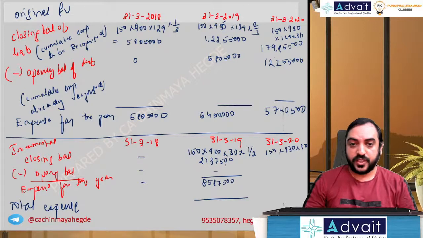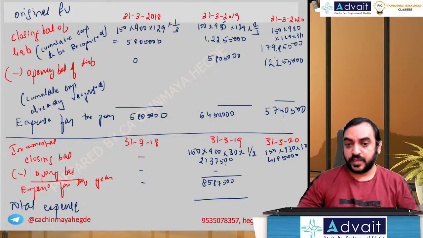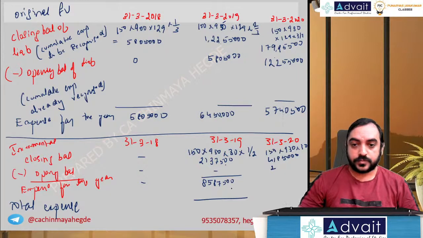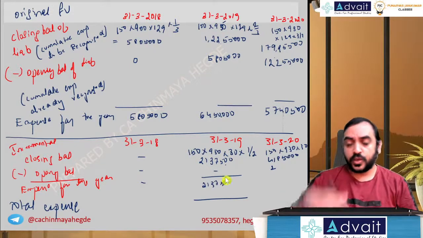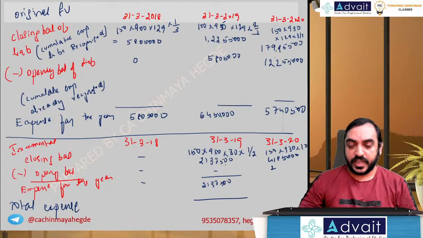So 150 into 930 into 30 is 41,85,000. Opening balance, previous year closing balance, sorry, I have written this wrongly. This is 21,37,500 and total expense will become 85,87,500.